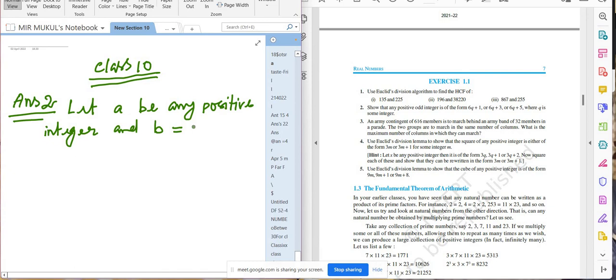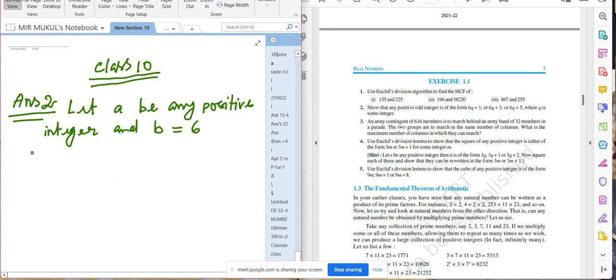You will remember any positive number can be divided by any number. Is it or not? Yes, sir, any number by any number. Why have we taken 6 here? Because if we take 6, then we'll get this form 6q plus 1. That's why we have taken 6.